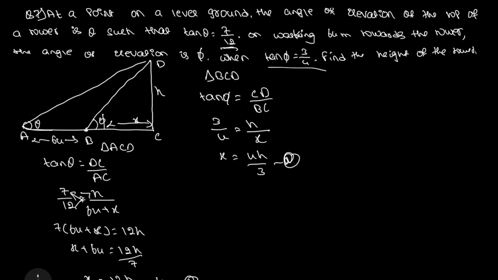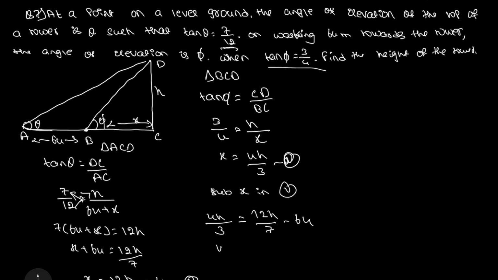Now substitute this value of x in the first equation. Substitute x in 1. We'll get 4h by 3 is equal to 12h by 7 minus 64, or else you can just equate these two equations.